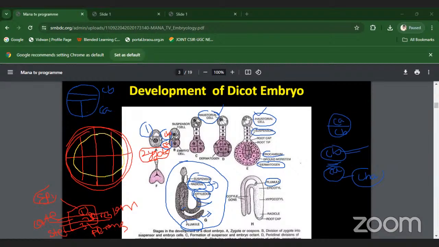Yellow color, blue color, green color. Three regions are formed.